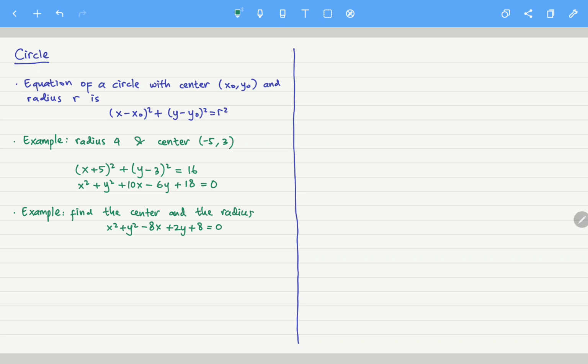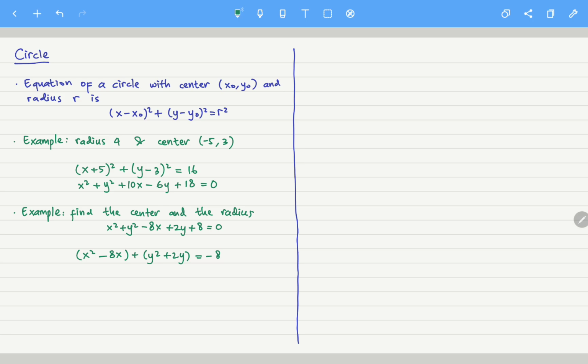Okay, so first we can write the equation like this: x squared minus 8x plus y squared plus 2y equals minus 8.